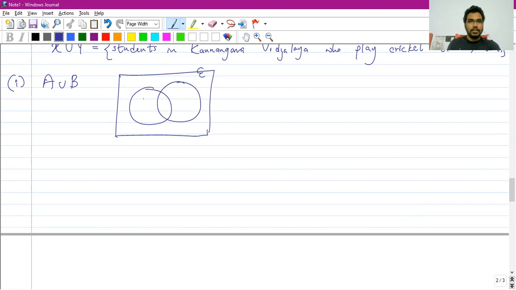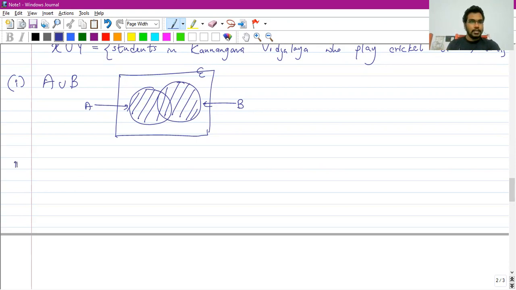So this is the universal set, and if this is A and if this is B, what do you mean by A union B? Means all the elements of A and B. So here we can color all of these two sets like this way. So this includes all the elements of A and B. So this is A union B.